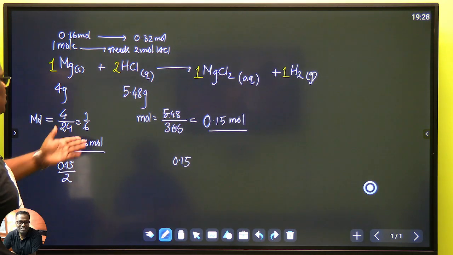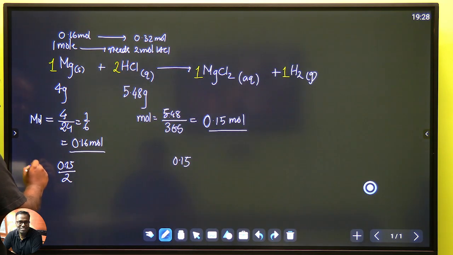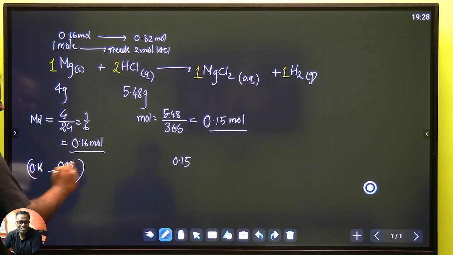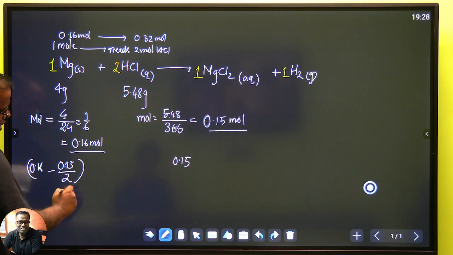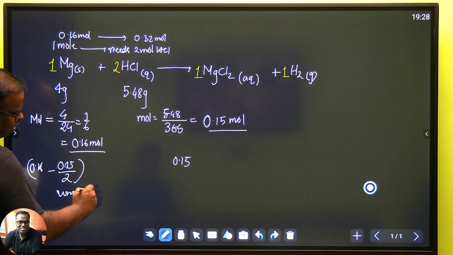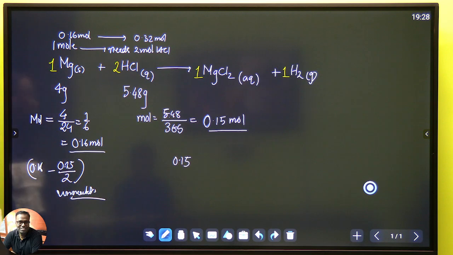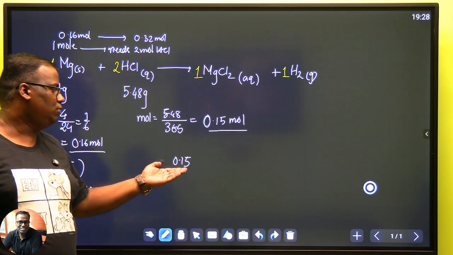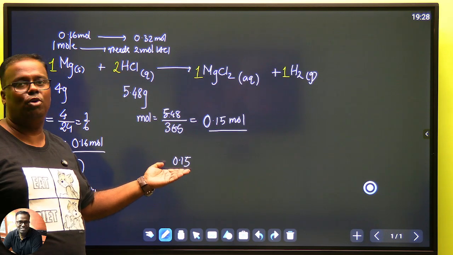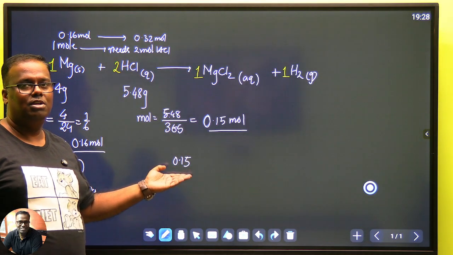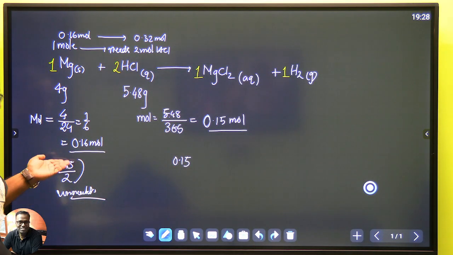And how much of the original amount do you have? 0.16. So 0.16 minus 0.075 is your unreacted magnesium. Clear हुआ? कभी कभी आपको ये भी, okay, no issues.